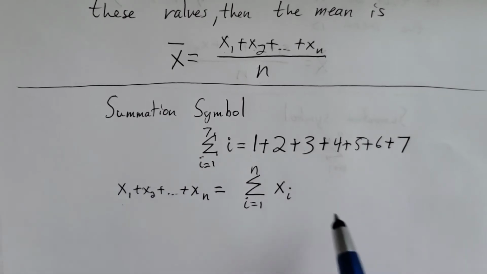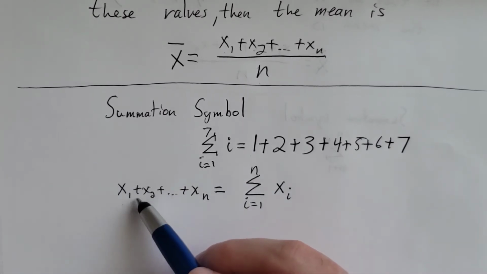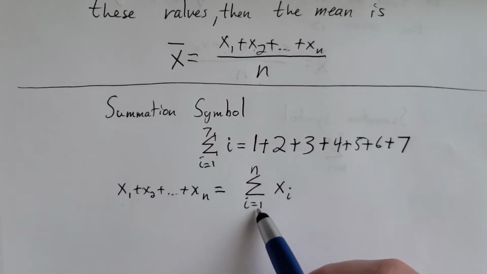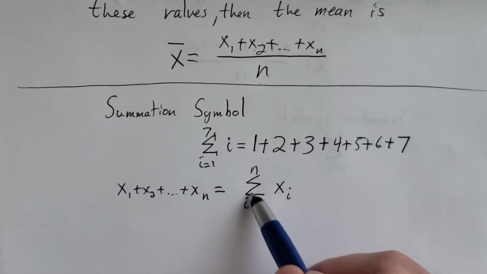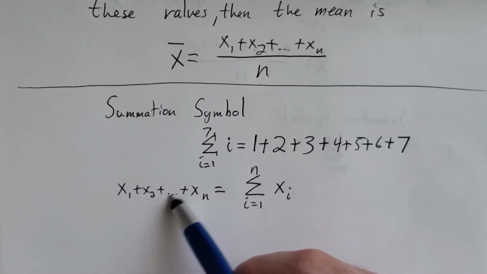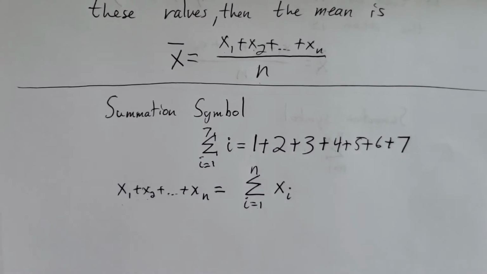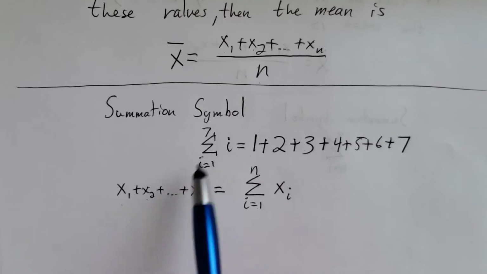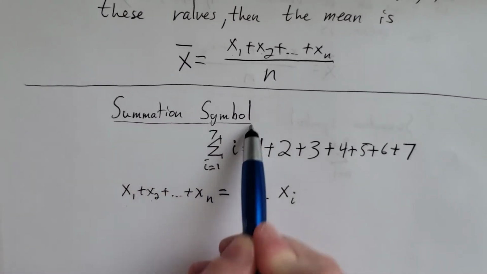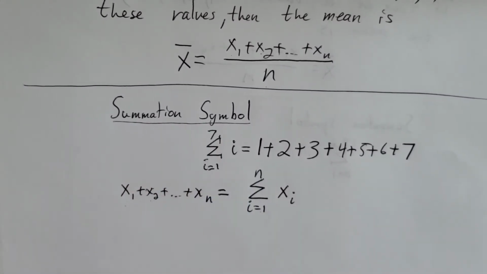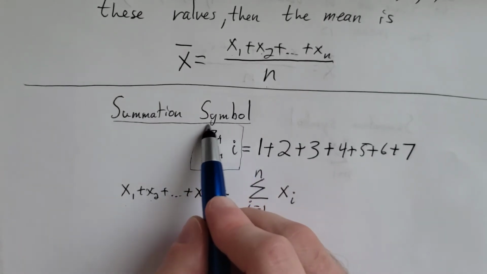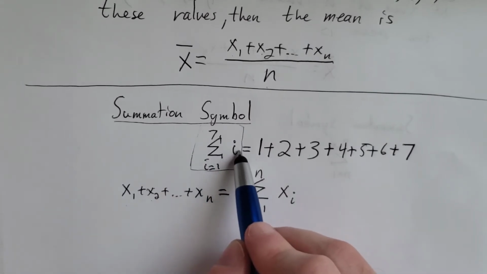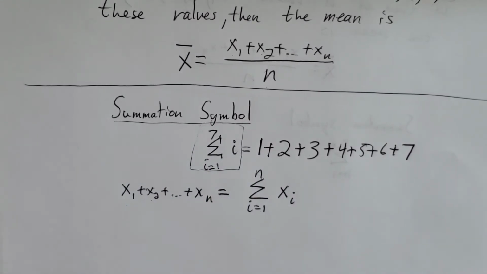Then the summation symbol means add the next one, so i iterates up to 2, and this is now x sub 2. We add that, then i iterates up to 3, and we add x sub 3. We do this until we get to the value n. So this capital sigma is our summation notation, given some function on the variable i.